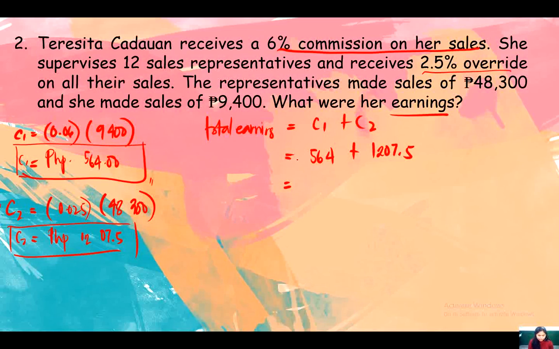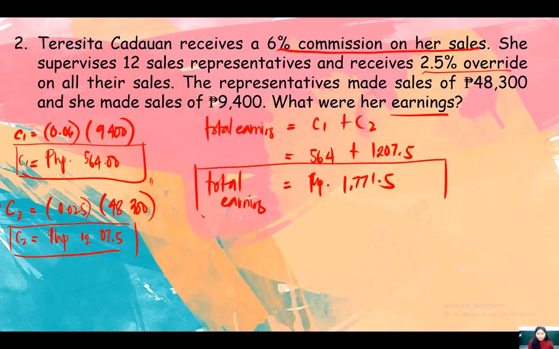Then let's get the total earning. 564 plus 1,207.5. The answer is 1,771.5. So this is her total earning. Okay.